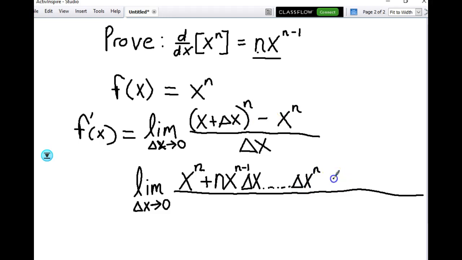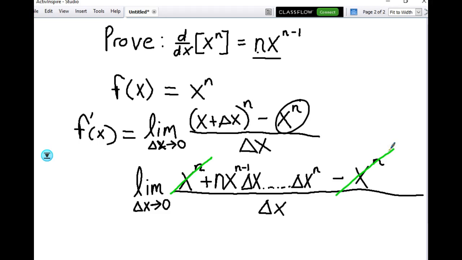And then we still have our minus x to the n, which is this part over here. All right. And then we have our delta x on the bottom. All right. So, first of all, x to the n is going to subtract with x to the n, and those two things are going to cancel each other out.